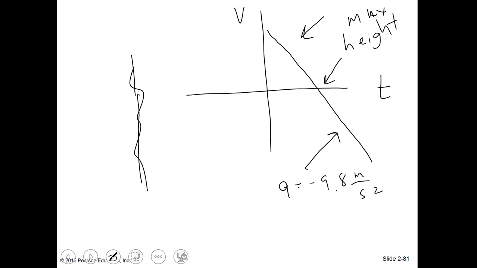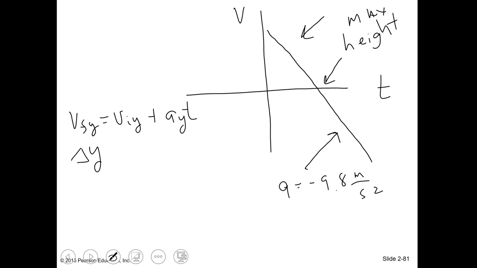Now we can use all of our kinematics equations that we had before. Final velocity, and I'll put a y to emphasize that, is equal to initial velocity in y plus a_y t. Second one, change in y equals initial velocity in y times time, plus 1/2 a_y t squared.